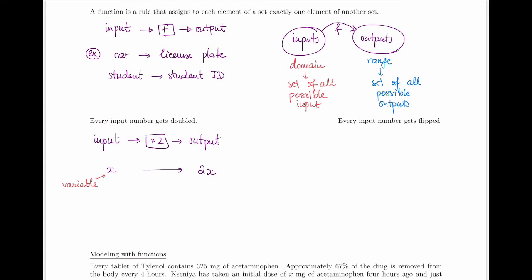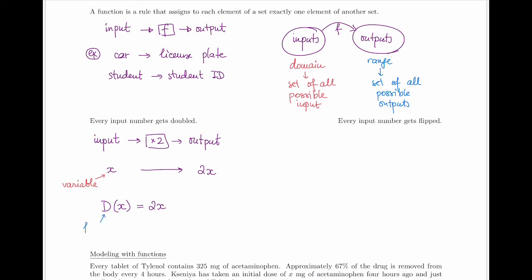And so the function notation in this case is going to be, I'm going to have to give this function a name. It's a doubling function, so let me call it capital D. What goes after it is the name of the input, equals, and what goes on the right-hand side is the output. So let's label all of this.